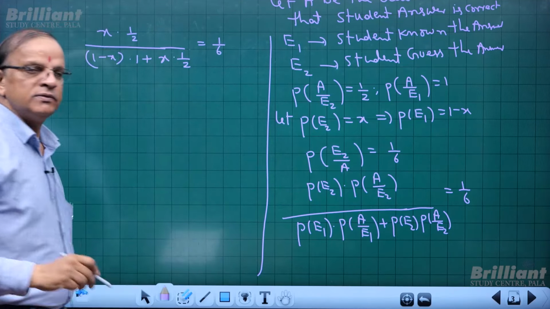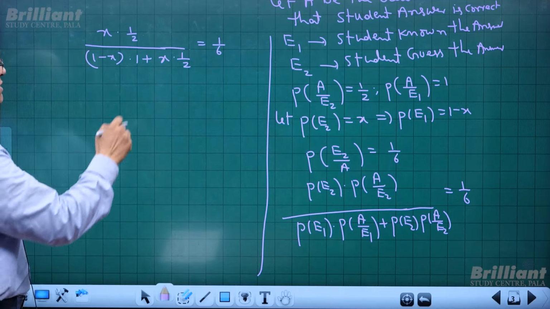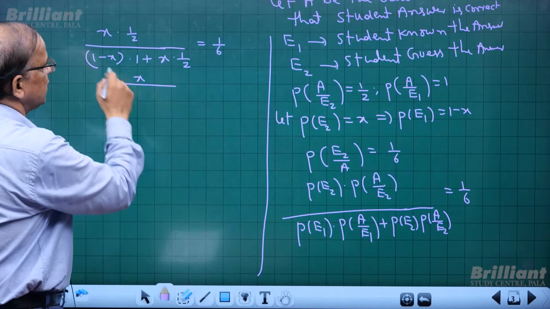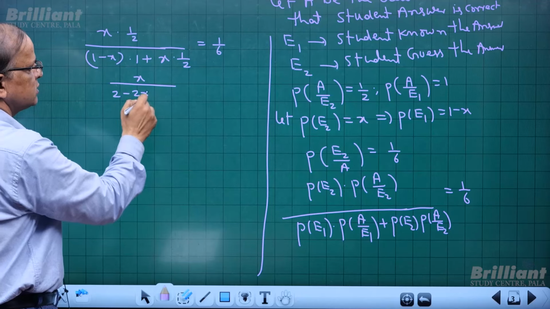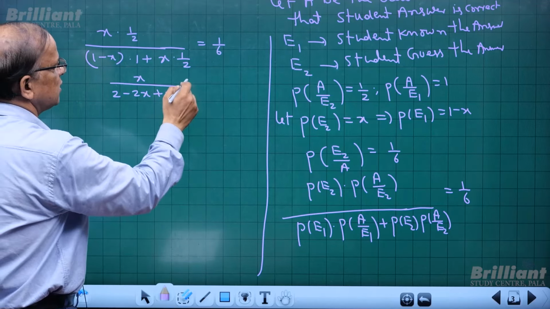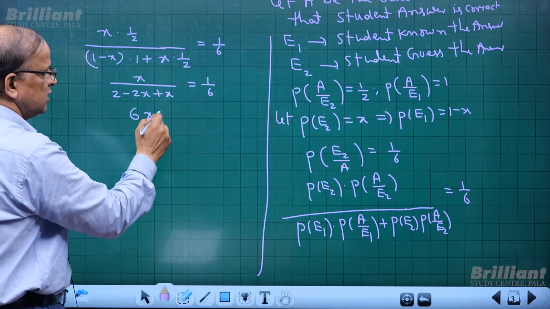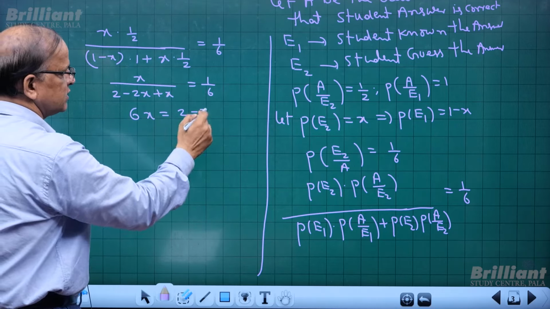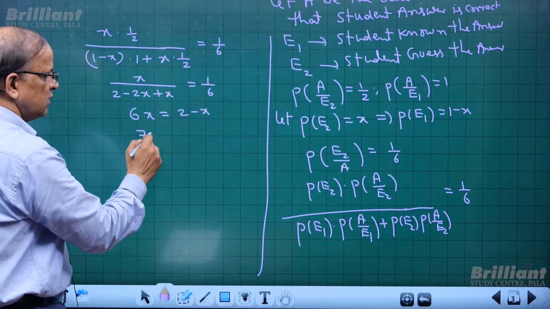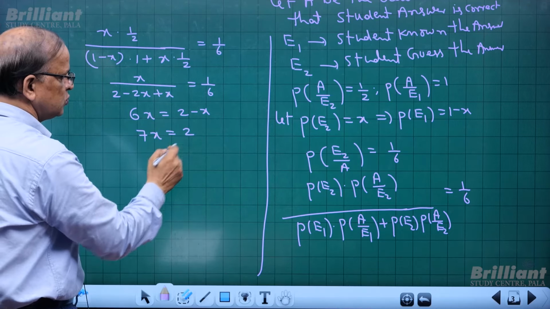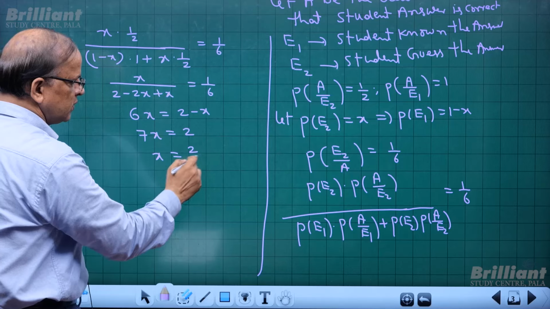1 by 6, right? Cancel the LCM, x by 2 over 1 minus x plus x by 2 is equal to 1 by 6. So 6x is equal to 2 minus x. So 7x is equal to 2, x is 2 by 7.